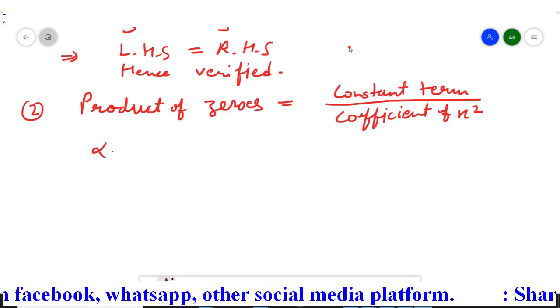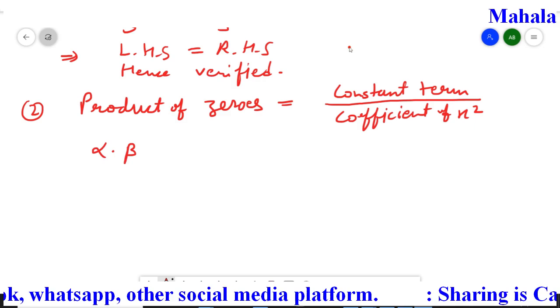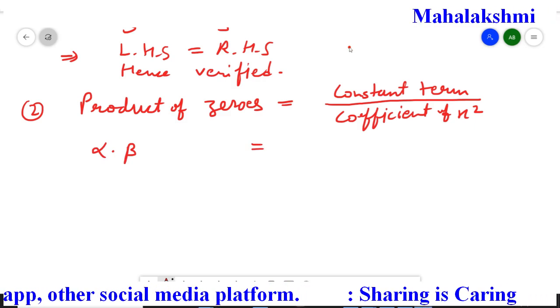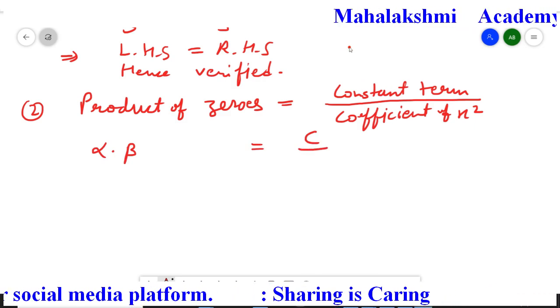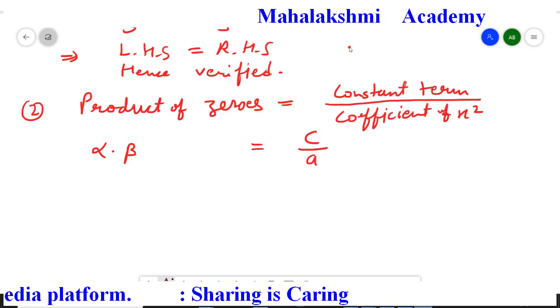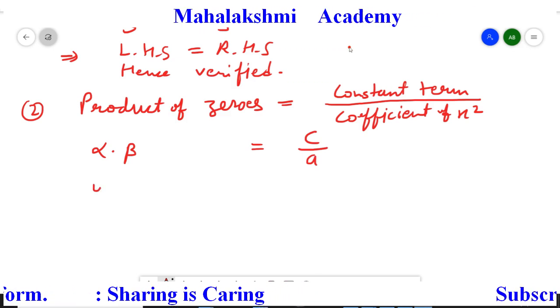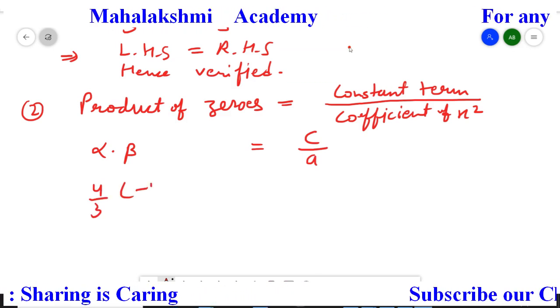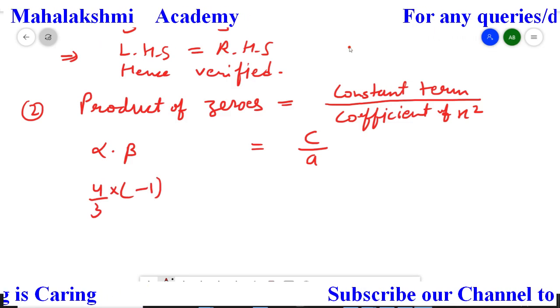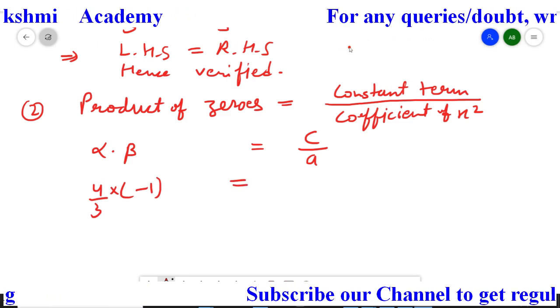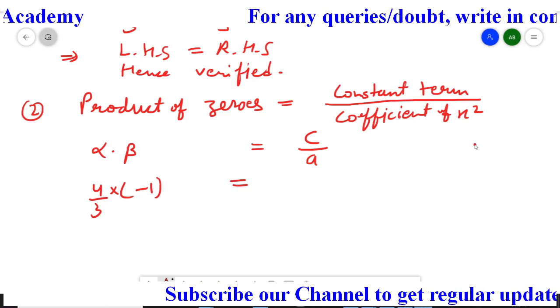So product means alpha multiplied by beta. Dot means multiplication, students. Constant term is c and coefficient of x square is a. Now we put the values here. Alpha is the first zero, that is 4 upon 3, and beta is minus 1. They are in multiplication.